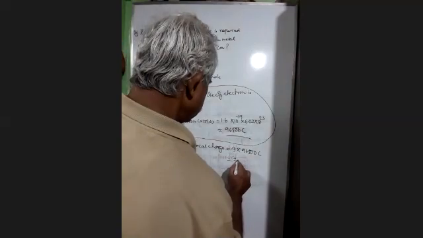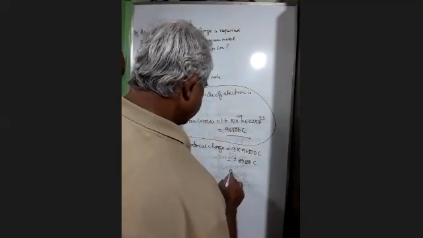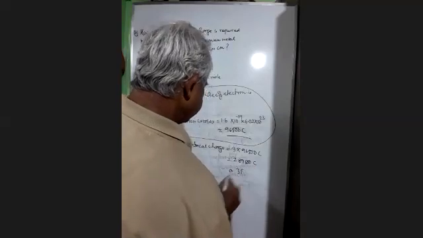Find out the value. So 289,500 coulomb, or simply 3 Faraday.